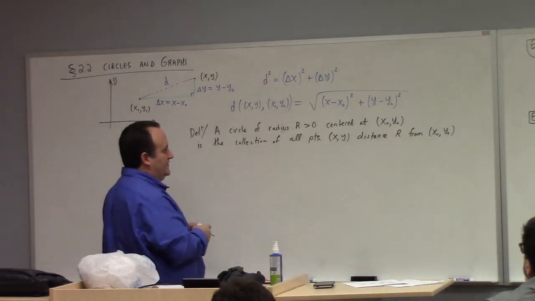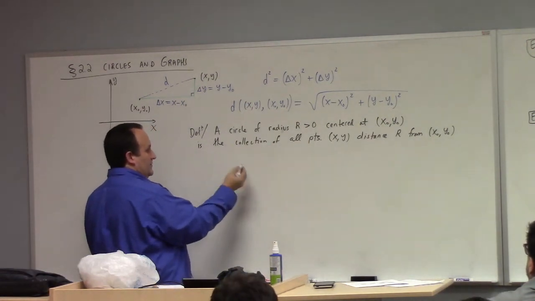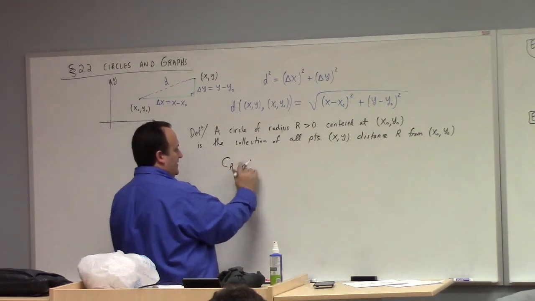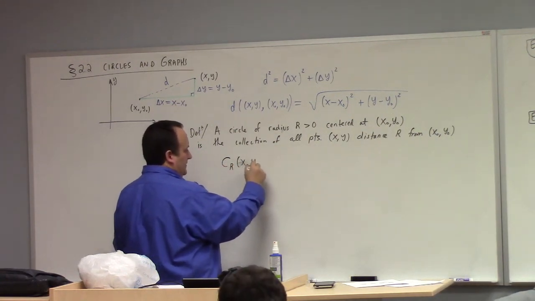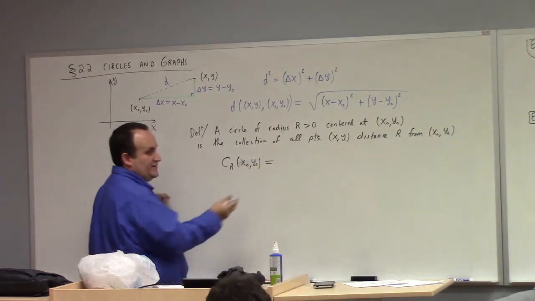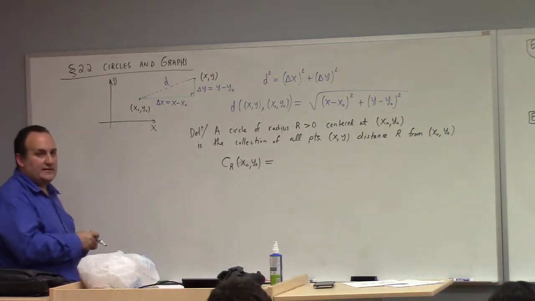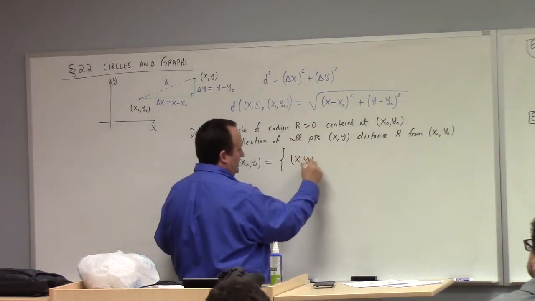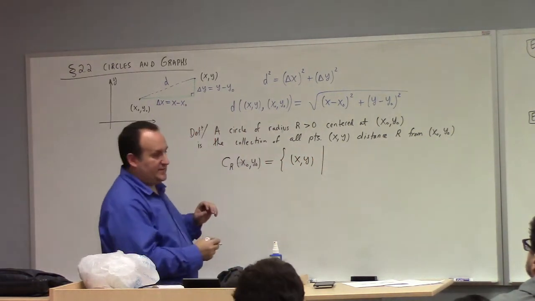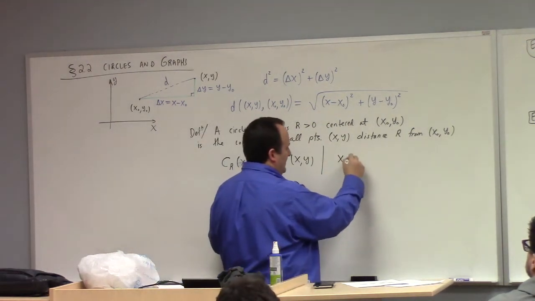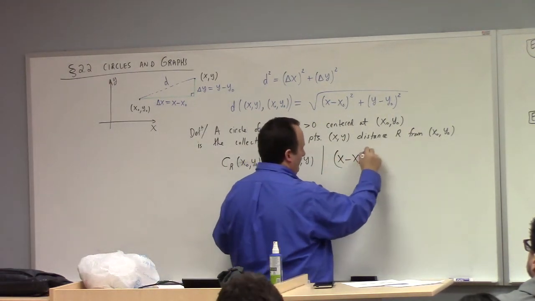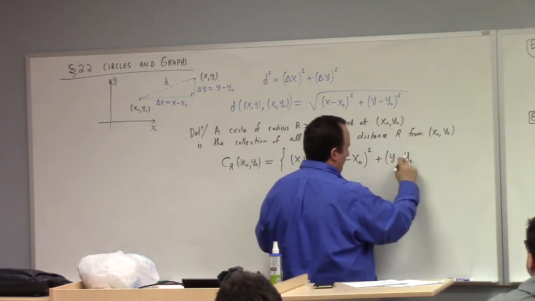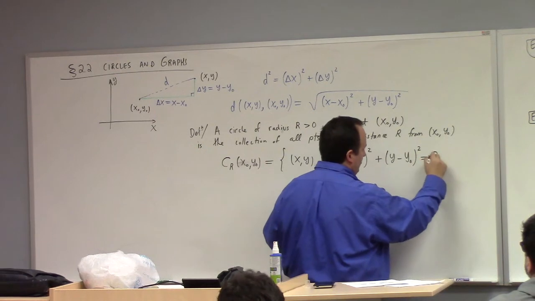And so what that means is we could say this: here's my clumsy notation for a circle of radius r centered at x naught, y naught. It's all points x comma y such that the following condition is met: x minus x naught squared plus y minus y naught squared equals r squared.